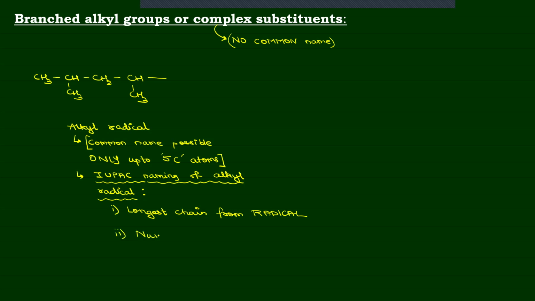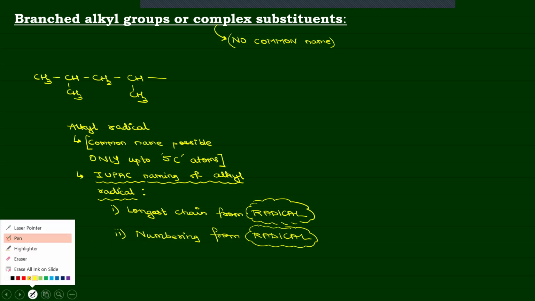And the numbering doesn't follow any lowest number rule over here. It just says that you have to start the numbering from the radical. So basically, in alkyl radical, the nomenclature is simply focused with respect to the radical. यानी radical से longest chain and radical से numbering is to be done.